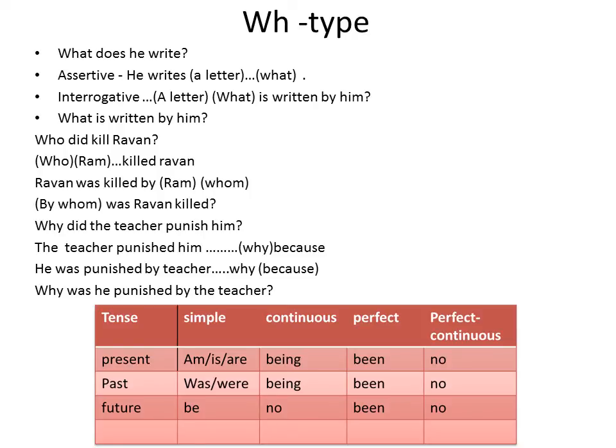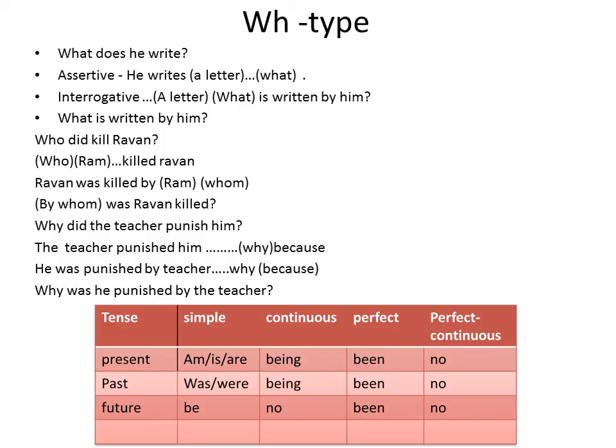So let's see how to convert this assertive sentence into passive construction. "Him" becomes "he", "was", because it is a singular pronoun now. He was punished by the teacher.